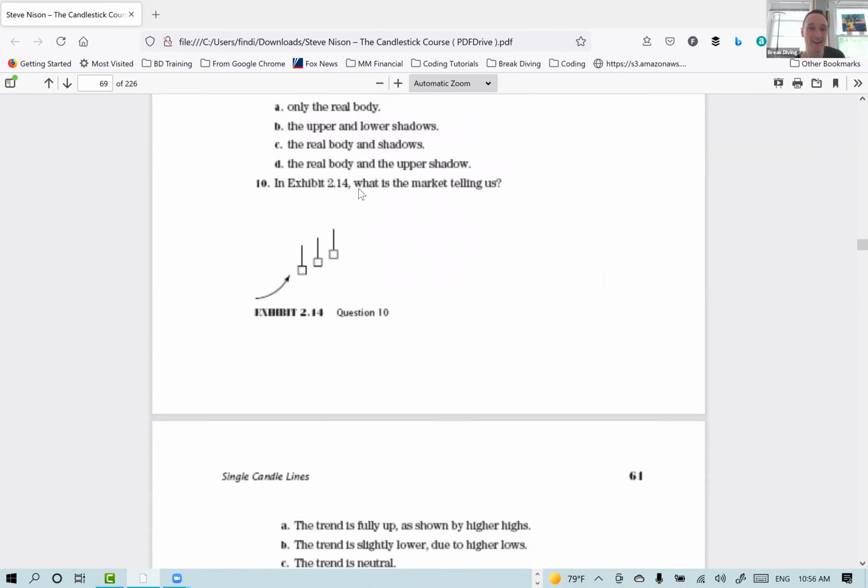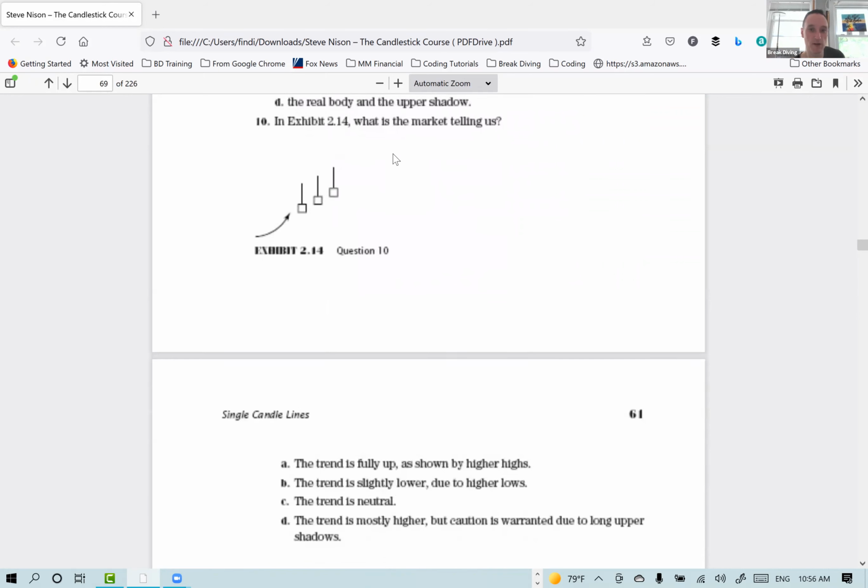Okay, in exhibit 2.14, what is the market telling us? So we've got 3 shooting stars in a row, it looks like. The trend is fully up as shown by the higher highs. The trend is slightly lower due to higher lows. The trend is neutral. The trend is mostly higher, but caution is warranted due to long upper shadows.